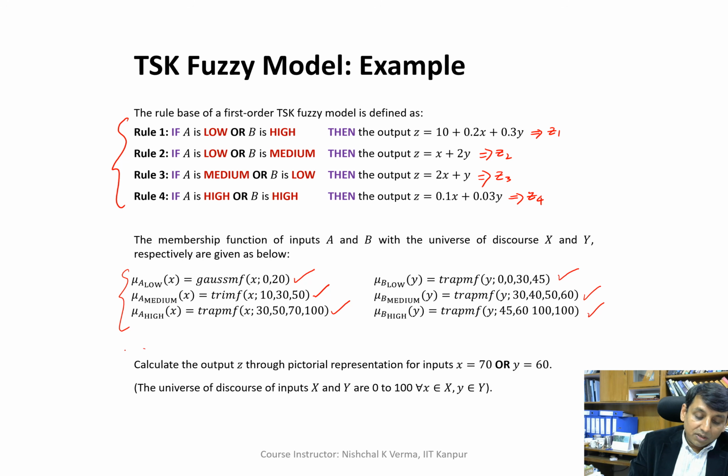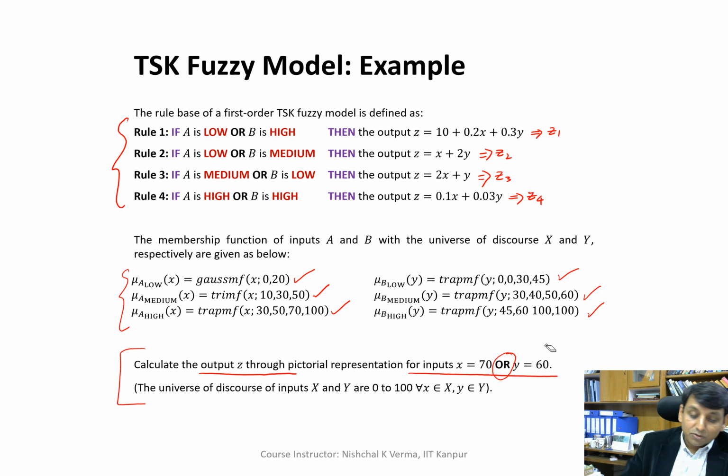So what we need to do is calculate the output for the inputs x is equal to 70, and please understand that the connective mentioned here is OR.